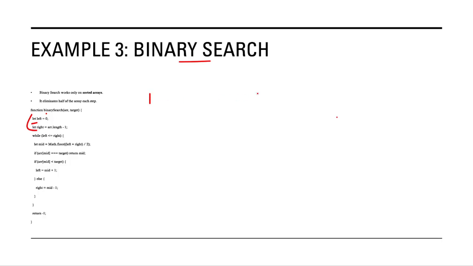The first one is the 0th index, the second one is arr.length minus 1, the last index, and every time I just check the middle element. If the target is on the left or the right side, we just ignore the other part. If arr[mid] is smaller than the target, we ignore the left part. If it is greater, we ignore the right part. So every time it halves the array.